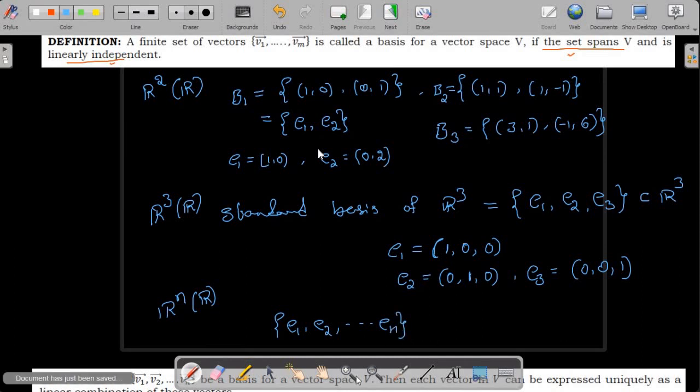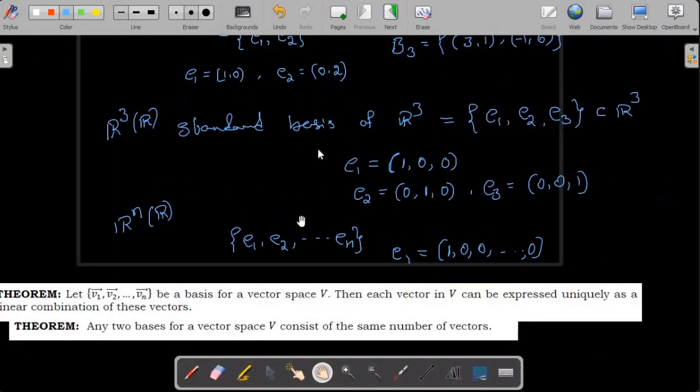Here E1 is (1, 0, 0, and so on, 0), so you'll have an n-tuple here. Similarly, for E2, in the second place you'll keep 1 and the rest of the places you'll keep as 0. So these are the standard basis of Rn.